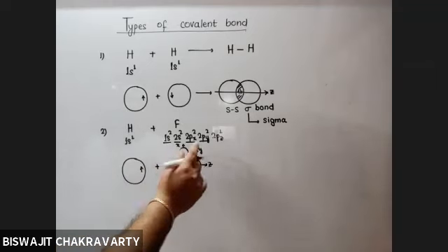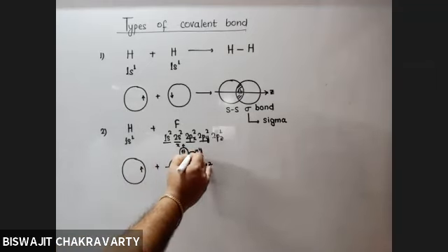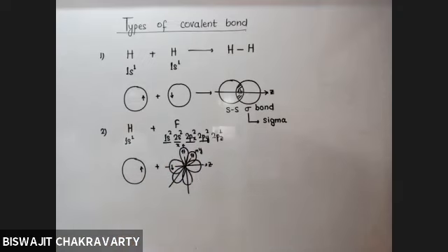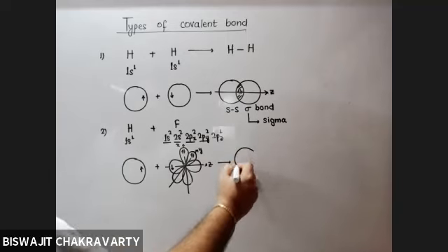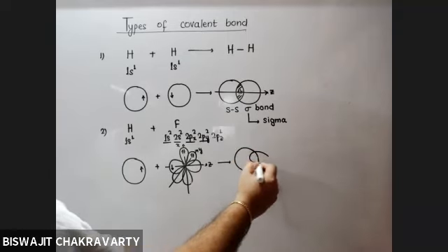Px and py have paired up electrons. So obviously those which have paired up electrons are not going to take part in any kind of overlapping. Only those orbitals will take part in overlapping which have unpaired electrons in them.